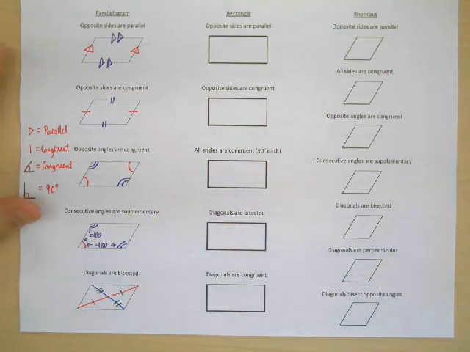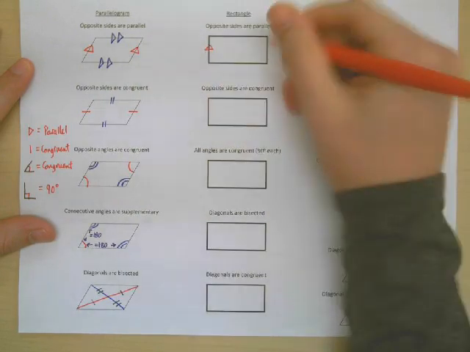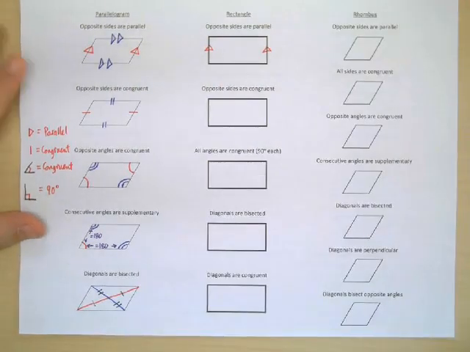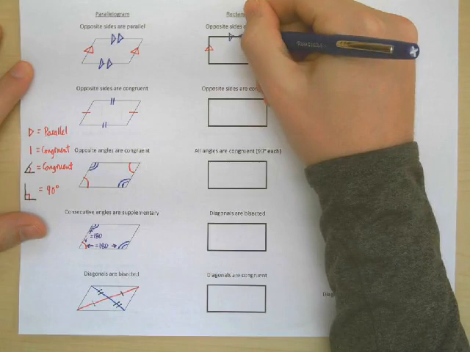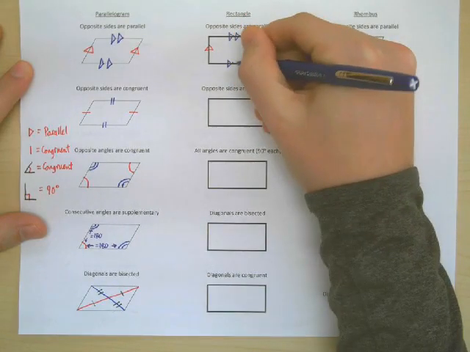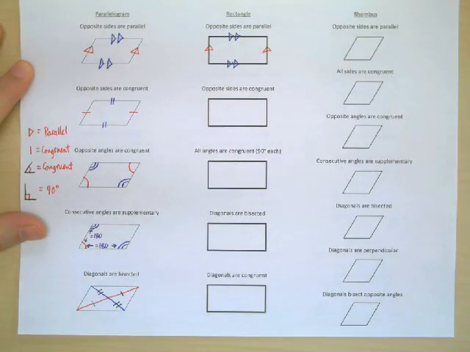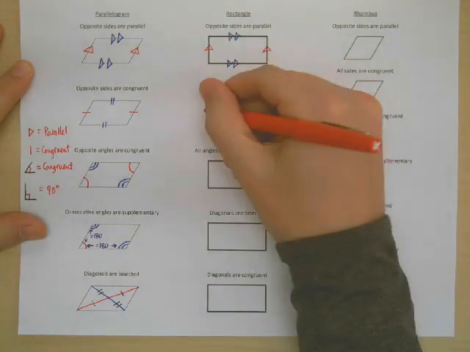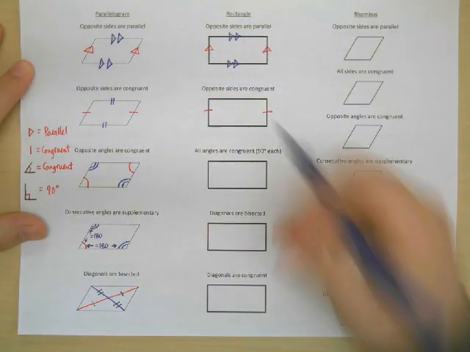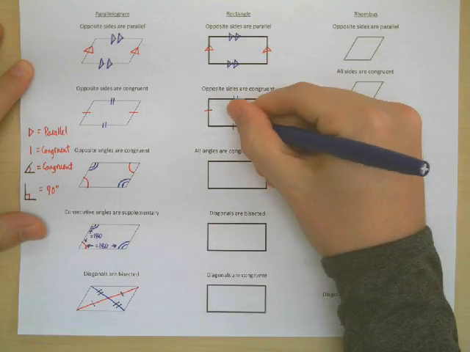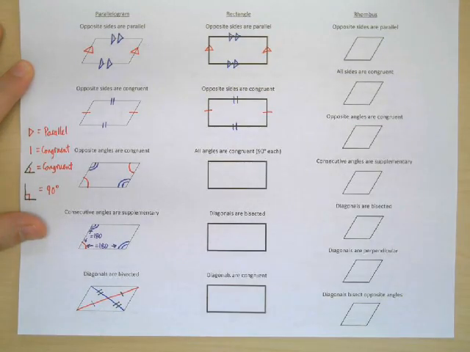Opposite sides are parallel, so no surprise here, starting out the same way we did with the parallelogram. And opposite sides are congruent. All angles are congruent, which means 90 degrees each.